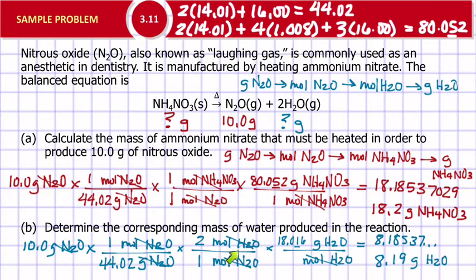So moles of H2O, I find H2O wherever it is, reactant or product, and I ask myself, what's the coefficient in front of it? That's the number that goes in the ratio. And here, moles of N2O. Well, I find N2O in the balanced chemical equation. What's the coefficient? Well, there is no coefficient because chemists don't like to write the number 1. So I understand that it's a 1. Does that help?